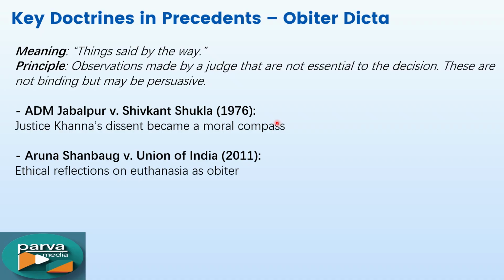His insistence on the inviolability of personal liberty during emergency became a guiding light for constitutional values and is often cited as a moral compass in Indian legal history. The other case is Arun Shanbag versus Union of India, where obiter dicta was considered as persuasive value.